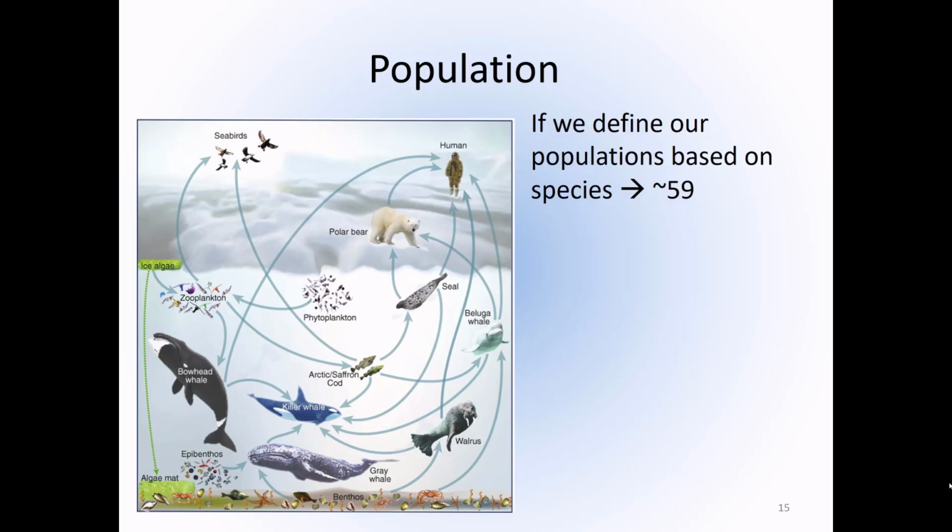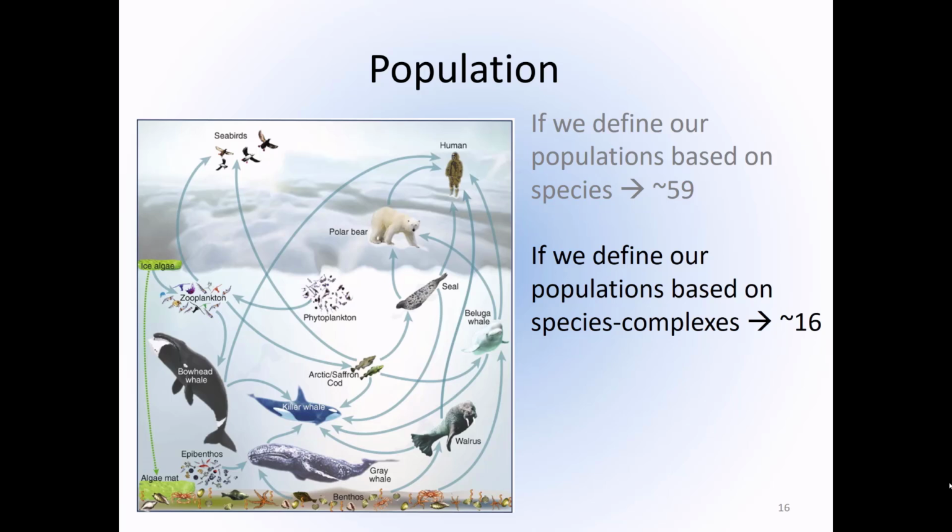Now, if we count all of the different species, we might find somewhere in the neighborhood of about 60 different species, and each of these different species in this diagram represent different populations within this food web. But we might group some of these organisms together for statistical purposes, maybe the seabirds, phytoplankton, zooplankton, or the benthic organisms. And if we do so, the number of populations that we have is going to differ.